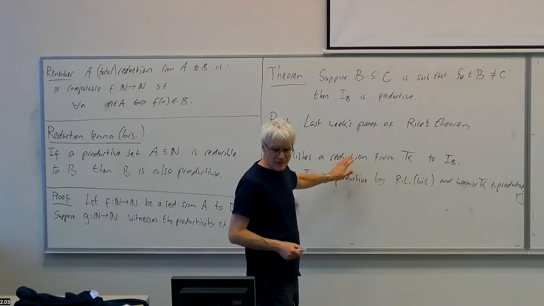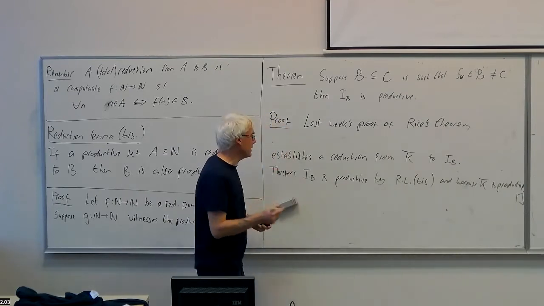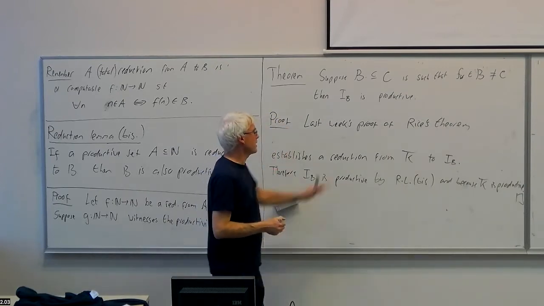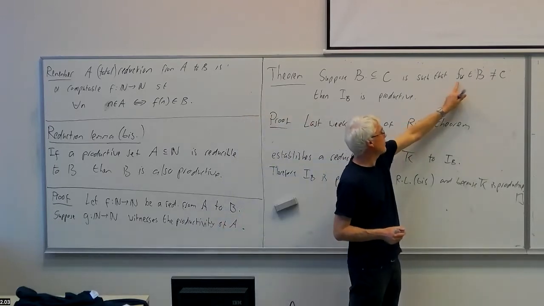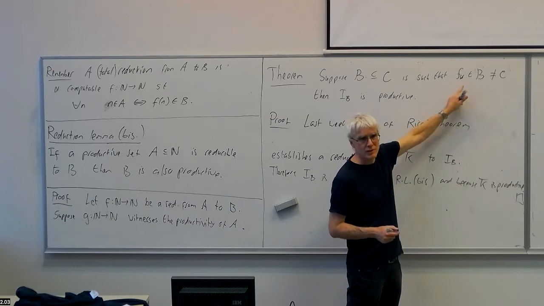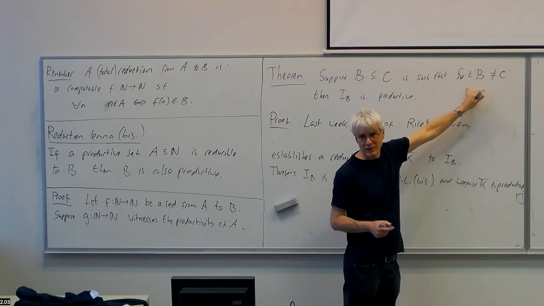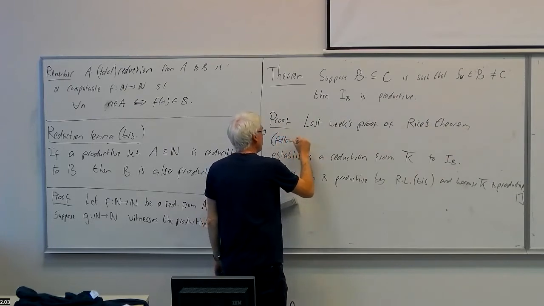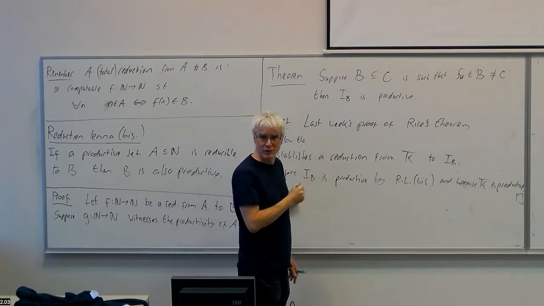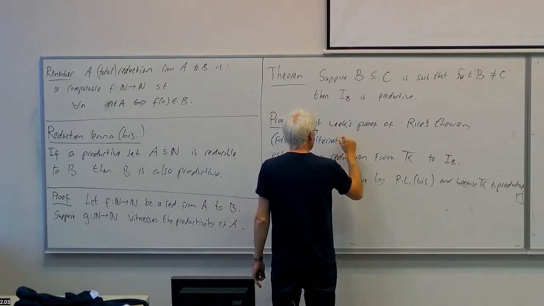That's almost immediate from what's written there, except you have to be a little bit careful, because if you look at last week's proof of Rice's theorem, we assumed without loss of generality that the everywhere undefined function did not belong to B. And now it's actually essential for this result that the everywhere undefined function does belong to B. So you need to follow the alternative branch of the without loss of generality, which is explained in the notes at the time.